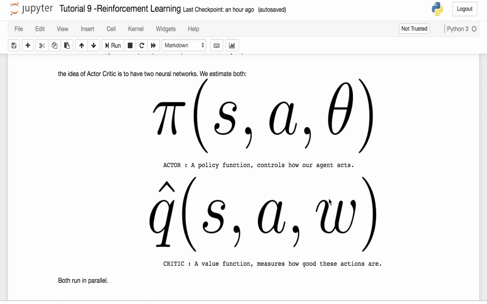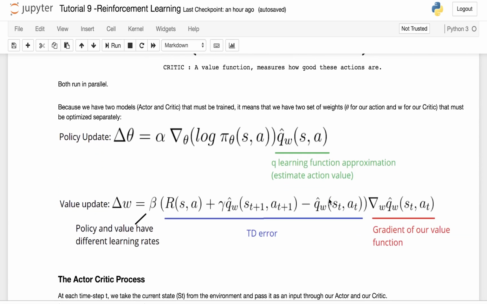One gives you the option of a better policy, and the other critiques you to be better for the next step. Basically, you have one network which, given a state, outputs an action, and another network which, given the state and the action of the first network, outputs an evaluation of how good that action was. It's the critic network. Okay, great.